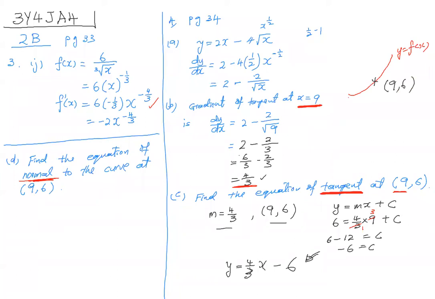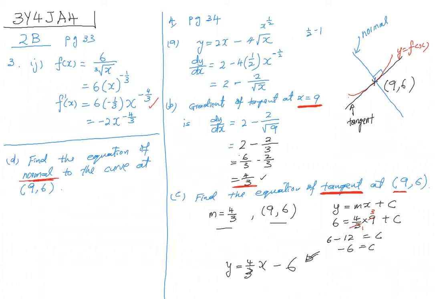So this line is called a tangent. Correct? So another line which is perpendicular to the tangent, 90 degrees, this line we call the normal.